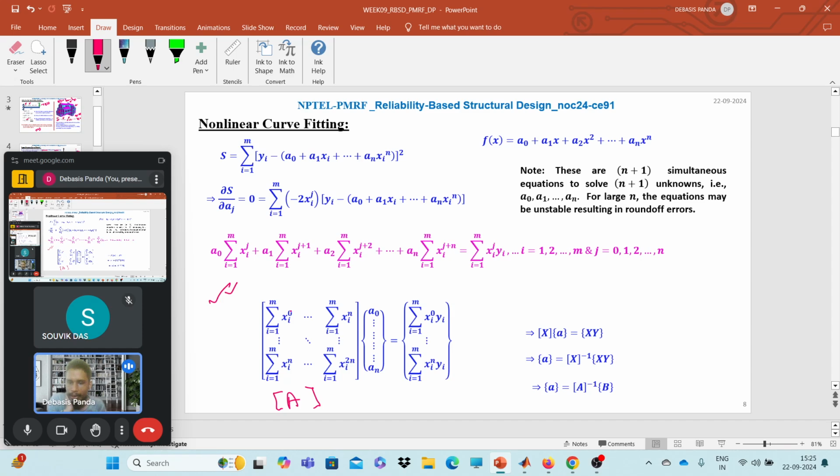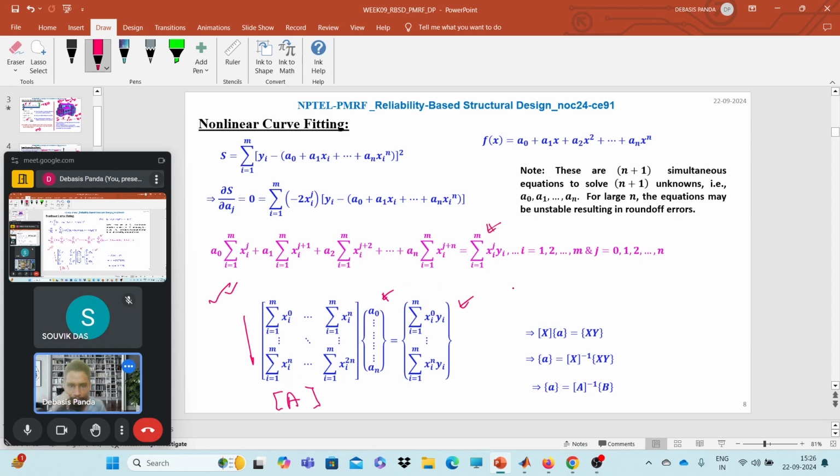That means the first value will be x to the power 0, then summation of x to the power 1, summation of x to the power 2, up to x to the power n. And similarly, we will have these values multiplied with your unknown coefficients like a0, a1, a2, a3 for the nth order polynomial. So these are the unknowns and these are the right hand terms.